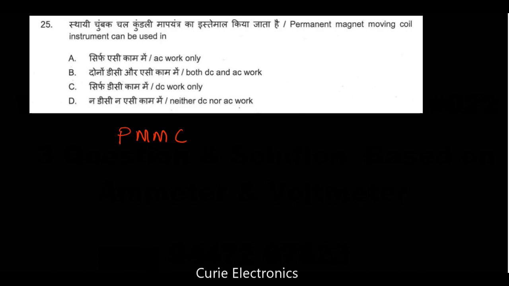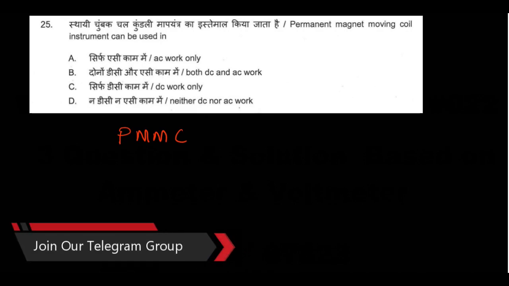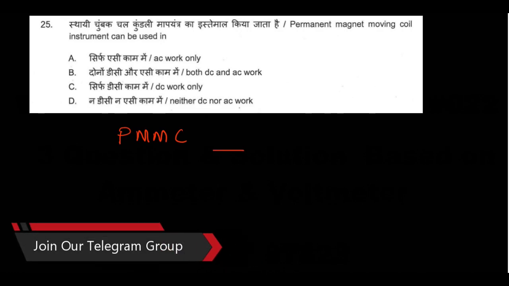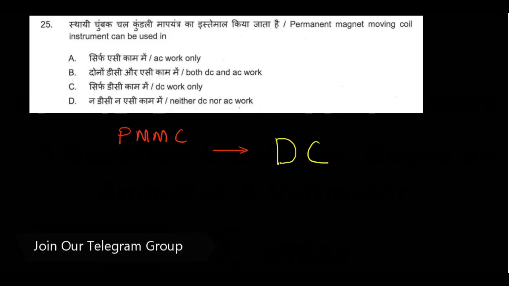This instrument has a moving coil which is placed inside a fixed magnetic field, and this is used only for DC, that is DC current or DC voltage.